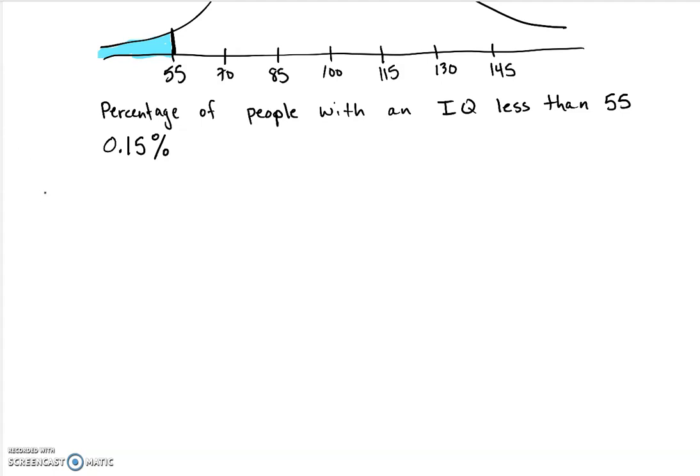Okay, for part E, we want to know what IQ is 1.5 standard deviations below the mean.